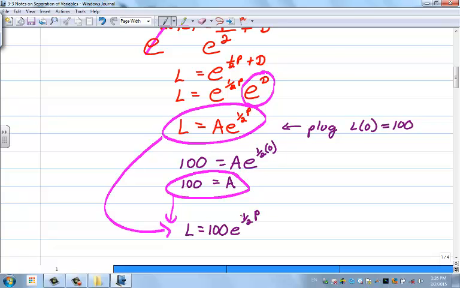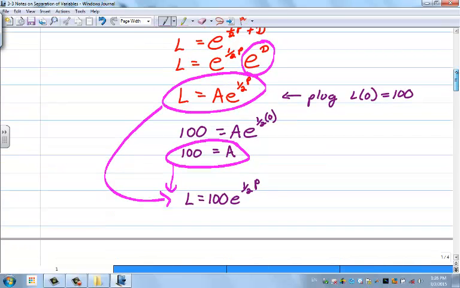So that is the particular solution of the differential equation, where the initial condition is L of 0 equals 100. So that's that one.